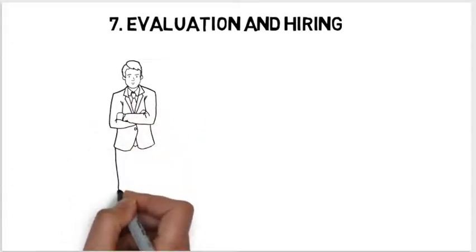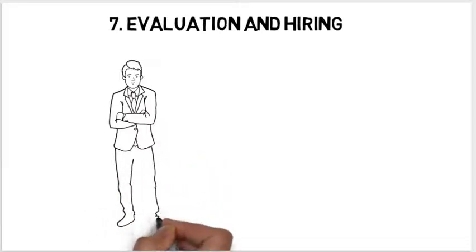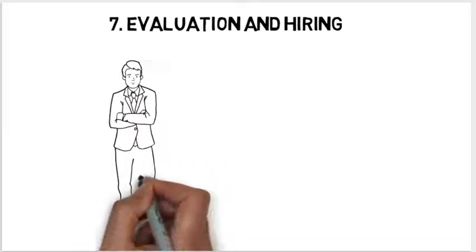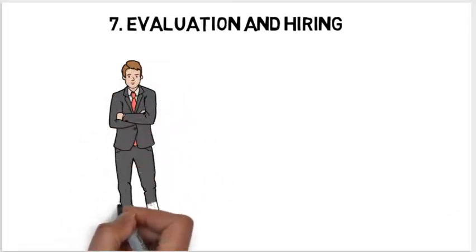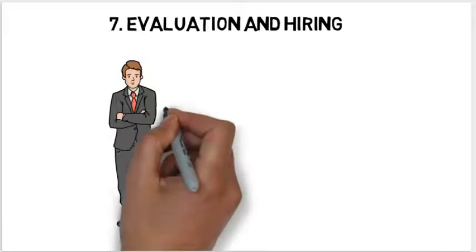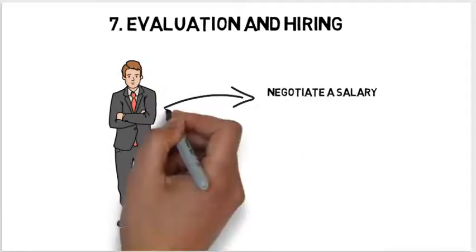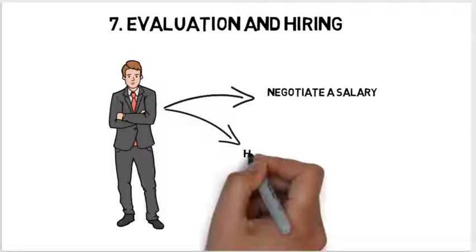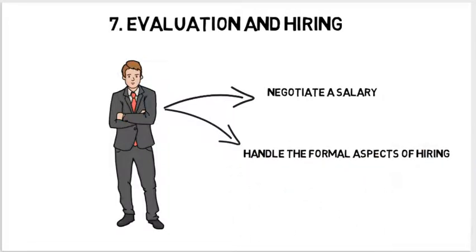They make a final hiring decision and contact the person they want to have the job. If the selected applicant accepts the job, then the manager proceeds to negotiate a salary and handle the formal aspects of hiring, such as filling out human resources paperwork.